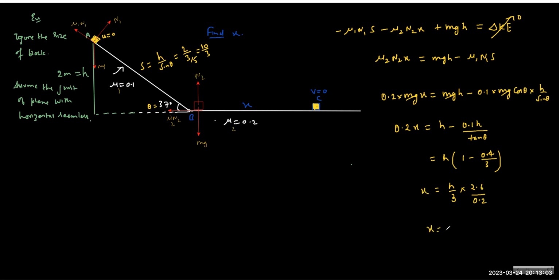So x comes out to be 13 h by 3, 13 by 3 into 2, which is 26 by 3 Newton. So fair enough.